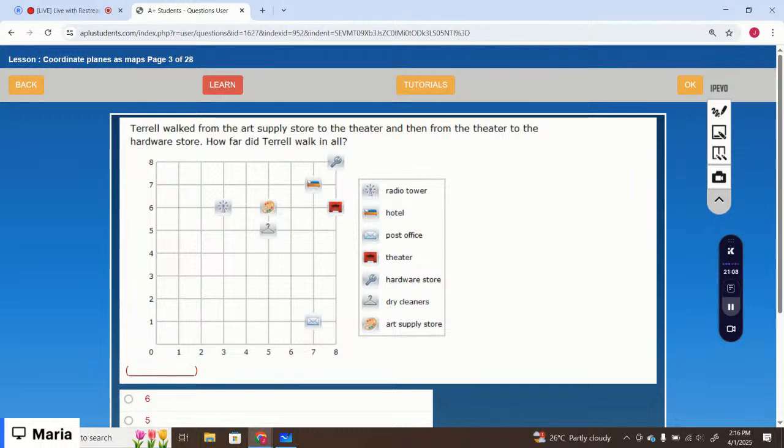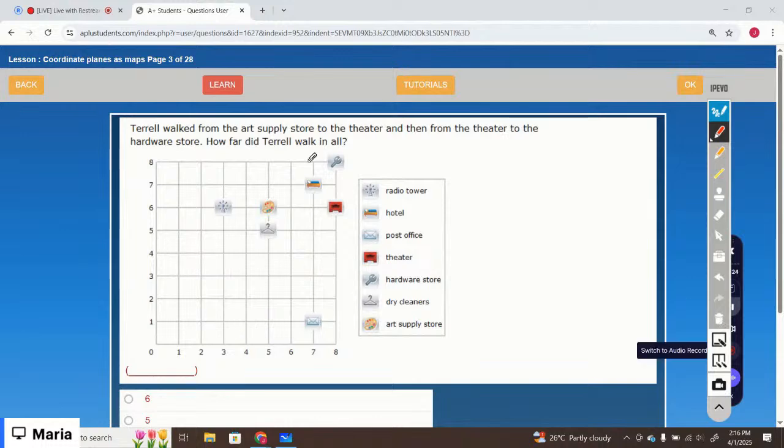Darren walked from art supply store to the theater and then from theater to the hardware store. How far did Darren walk in all? Okay, so from art supply to theater. Here is art supply store and then theater. He walked from here to here. And then from the theater to hardware store, from here to here. How far did Darren walk in all? 5 minutes.